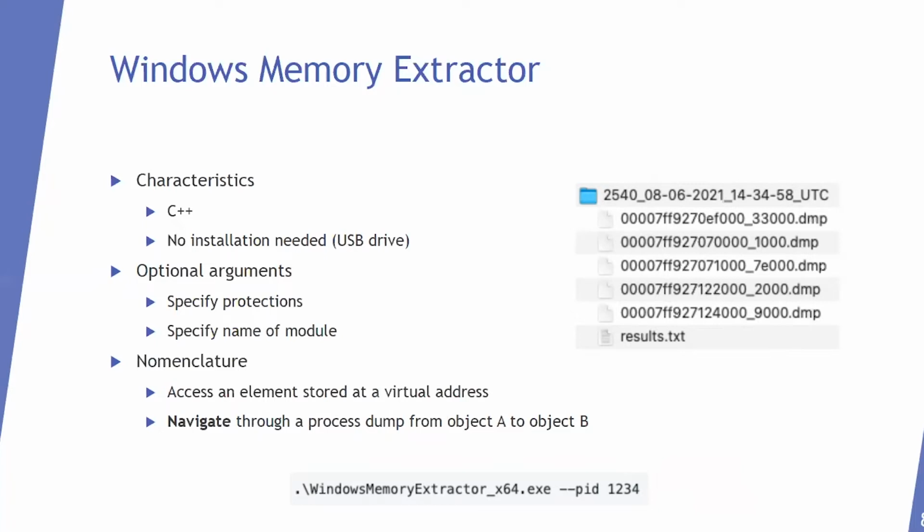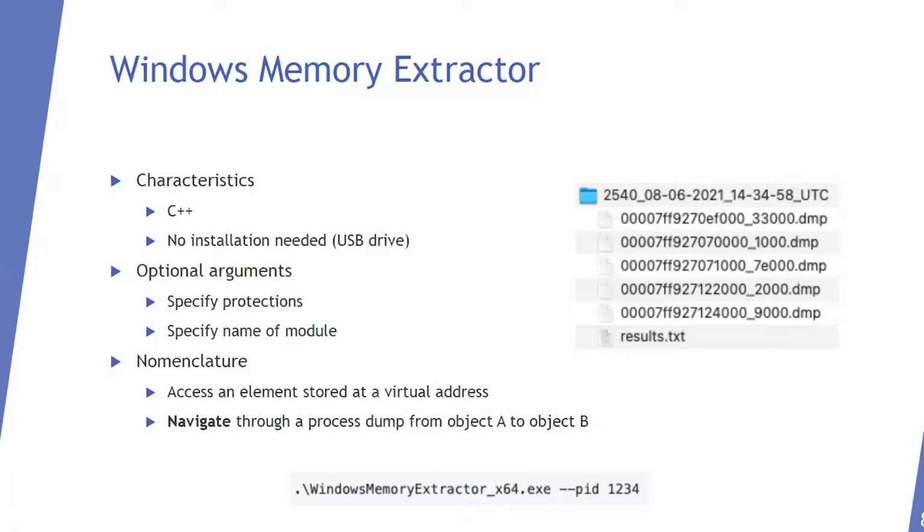A memory region is just a set of contiguous pages, and each memory region has a certain protection, like read-only or read-write. By default, the tool only extracts the memory regions that do not have execution permissions.